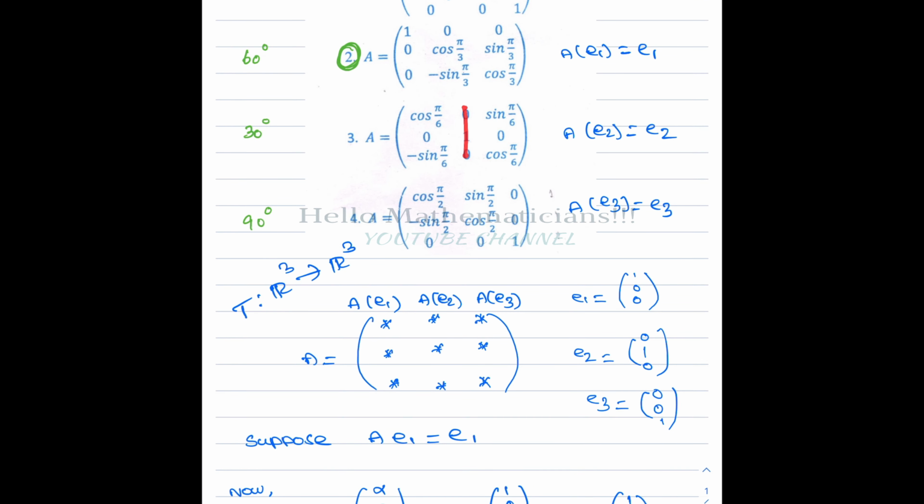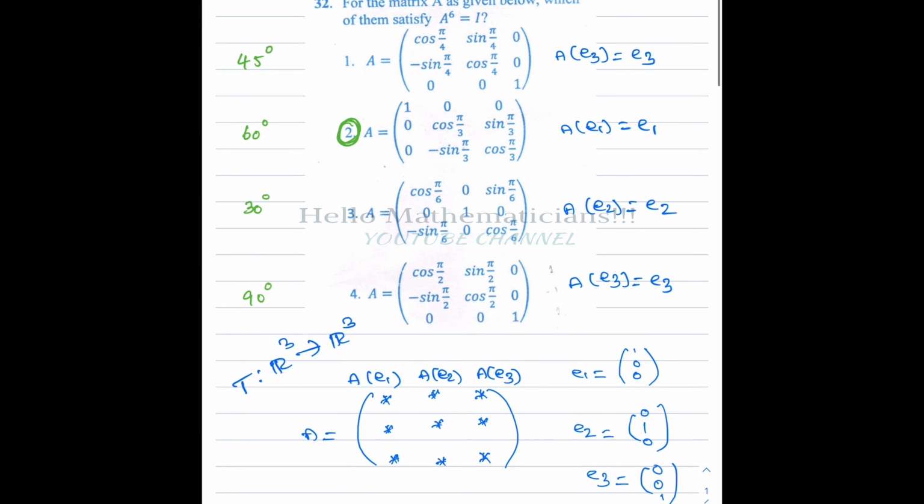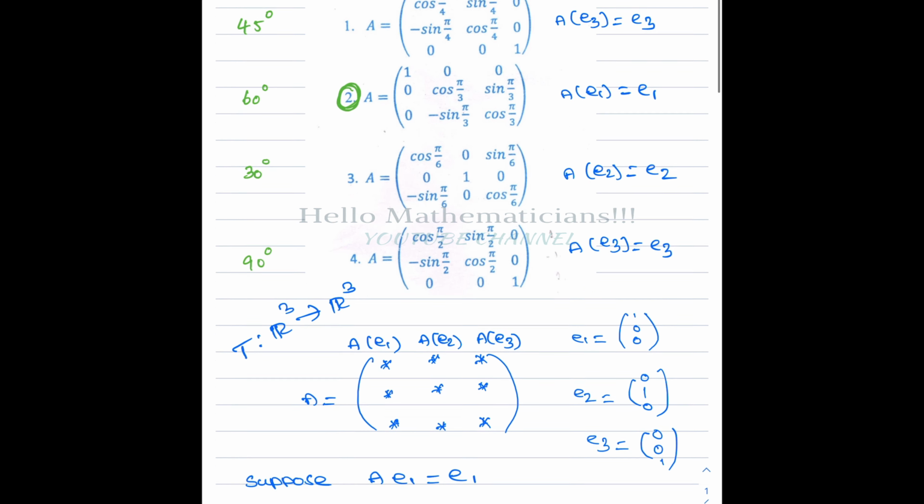The second column is the image of E2, and in its place again we have E2. Therefore, A of E2 equal to E2. So this matrix takes the third basis vector to the third basis vector, the first basis vector to the first basis vector, and so on.